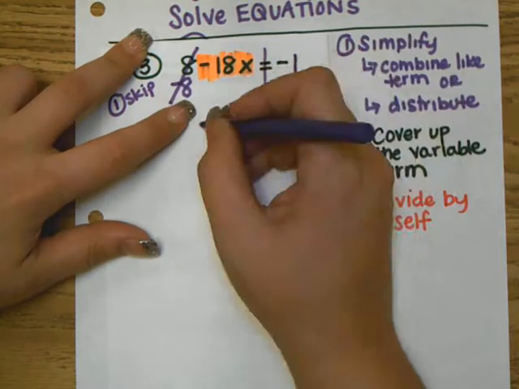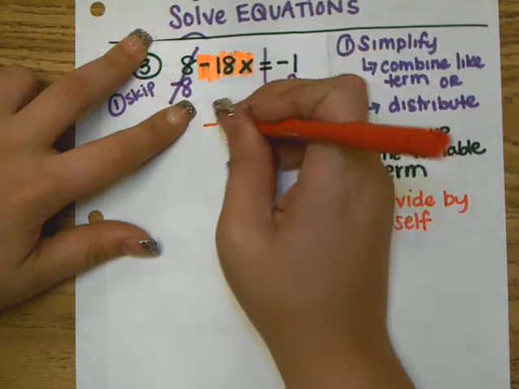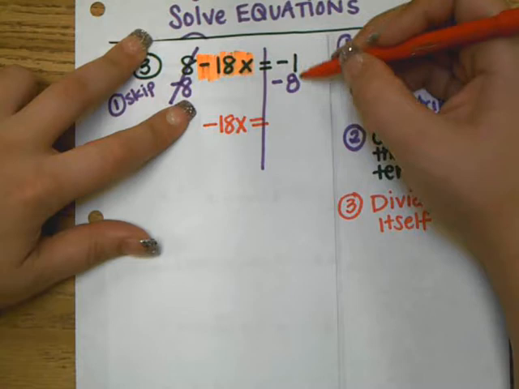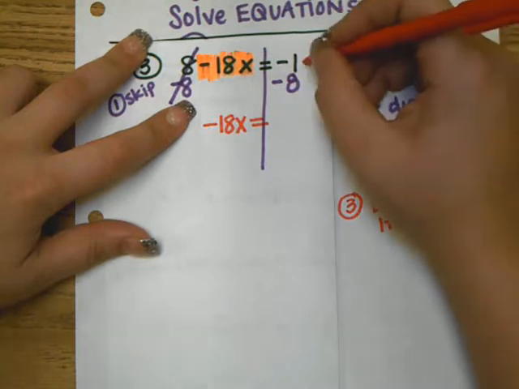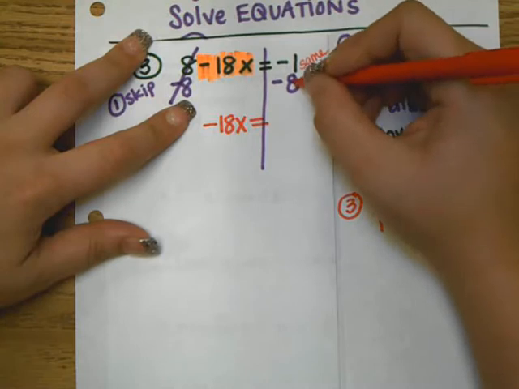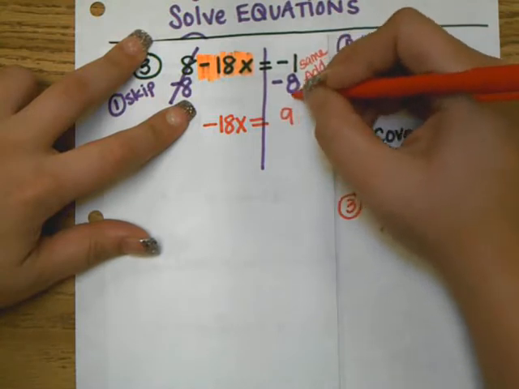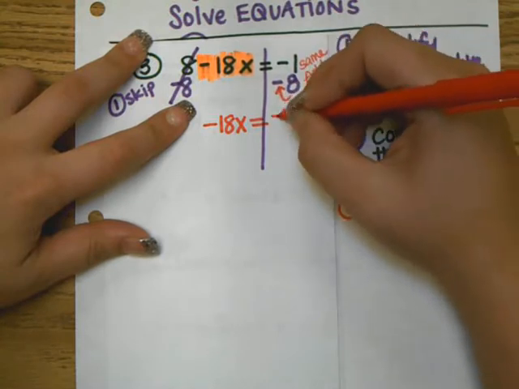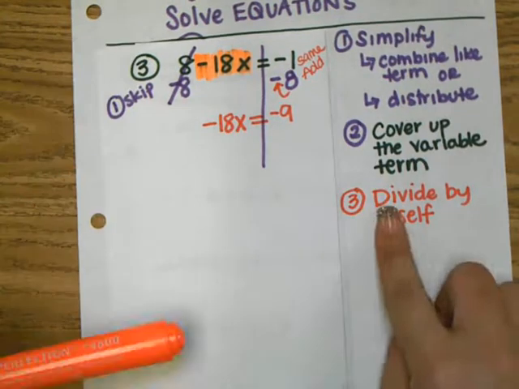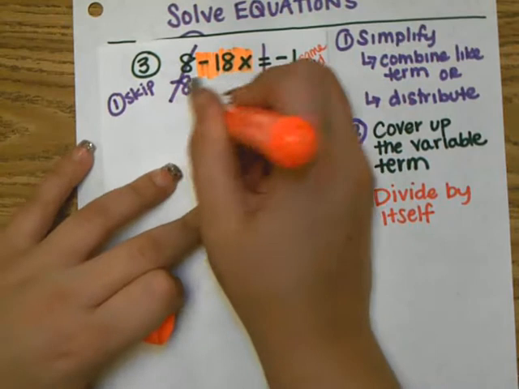So if I put a negative 8 on this side, I need to put a negative 8 on the right side. These have the same signs. When they're the same, you add. So 8 plus 1 is 9, and then look in front of the bigger number, we get negative 9.